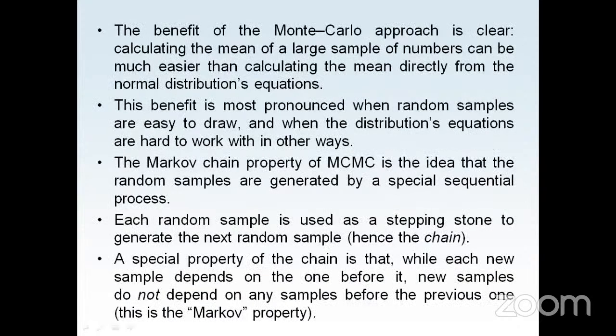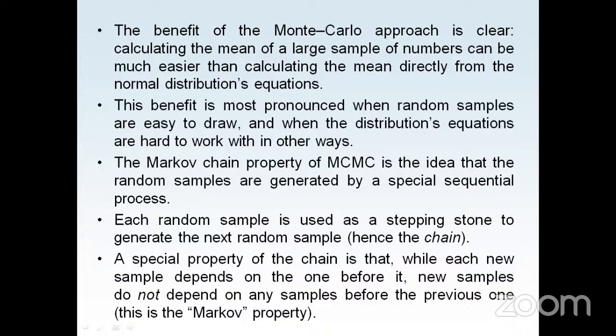The benefit of this approach is clear: calculating the mean of a large number of samples can be much easier than calculating the mean directly from the normal distribution's equation. This benefit is most pronounced when random samples are easy to draw and when the distribution's equations are hard to work with in other ways.